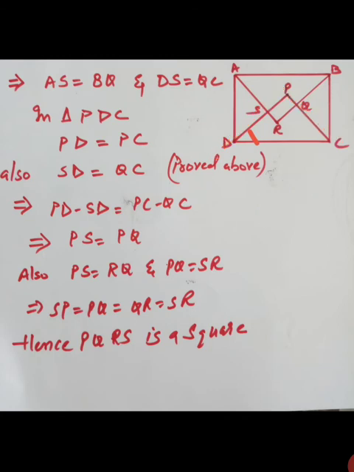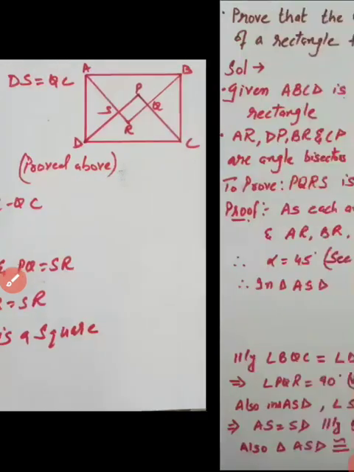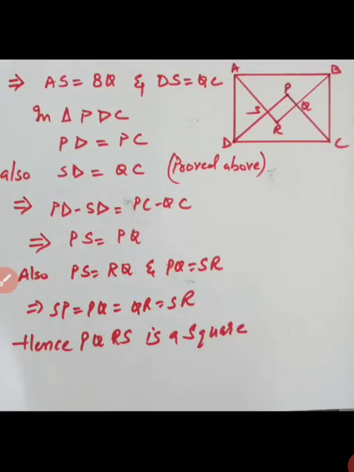So DP comes equal to PC. And also we have proved that SD is equal to QC, by proving the two triangles congruent, as I proved earlier, right?